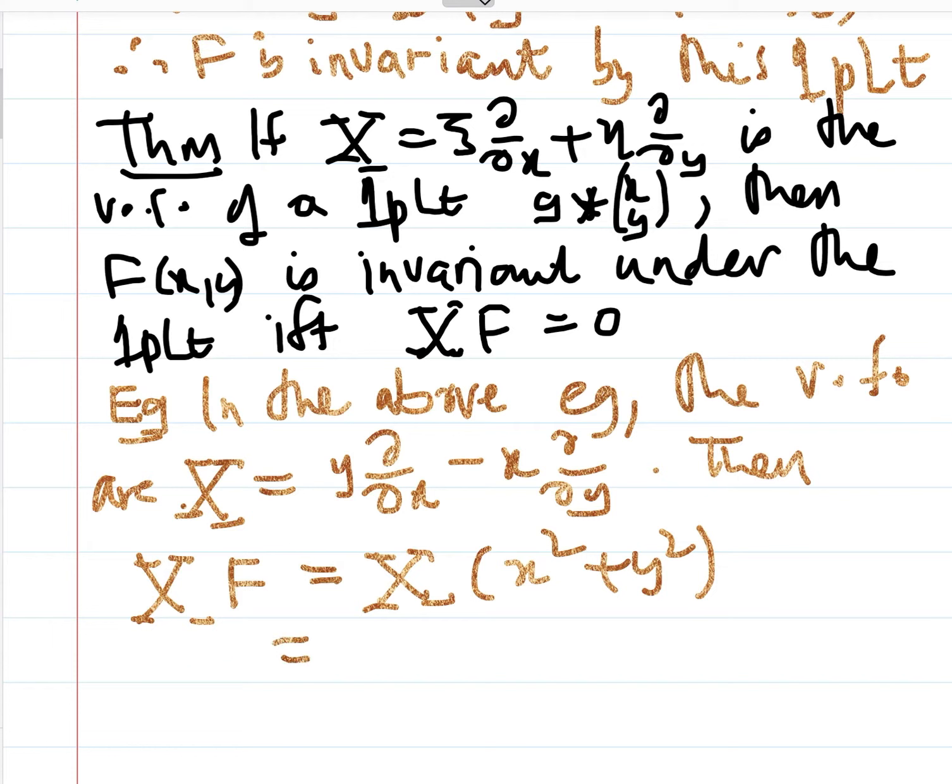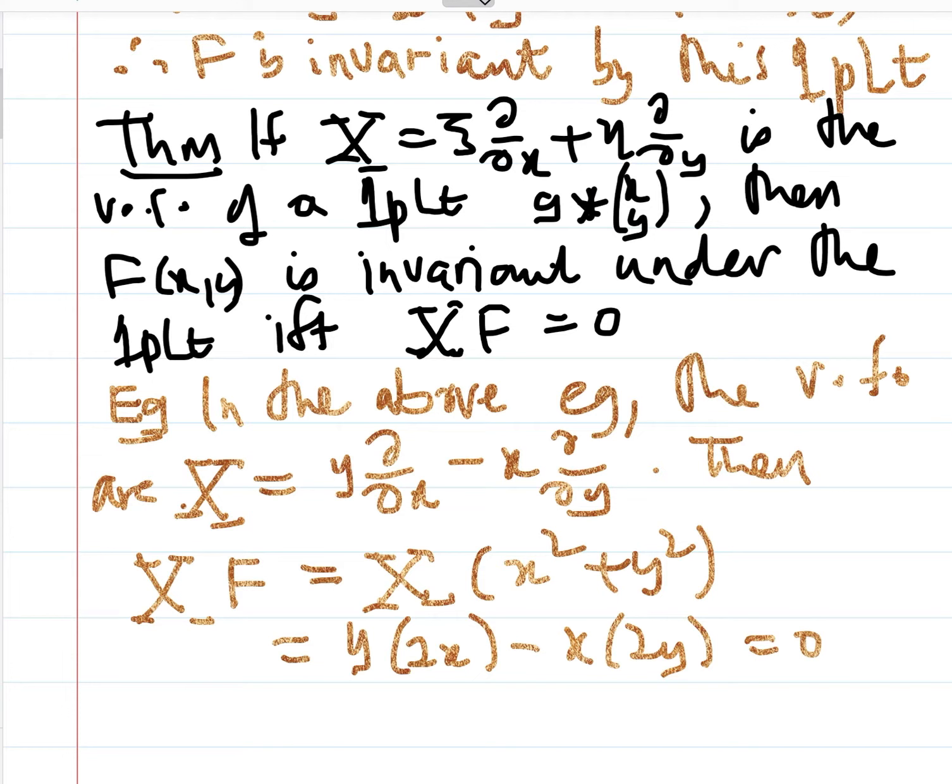So if you act the vector field X on x squared plus y squared, you get y d/dx of the bracket, which is 2x, minus x d/dy of the bracket, which is 2y, and this is equal to 0.